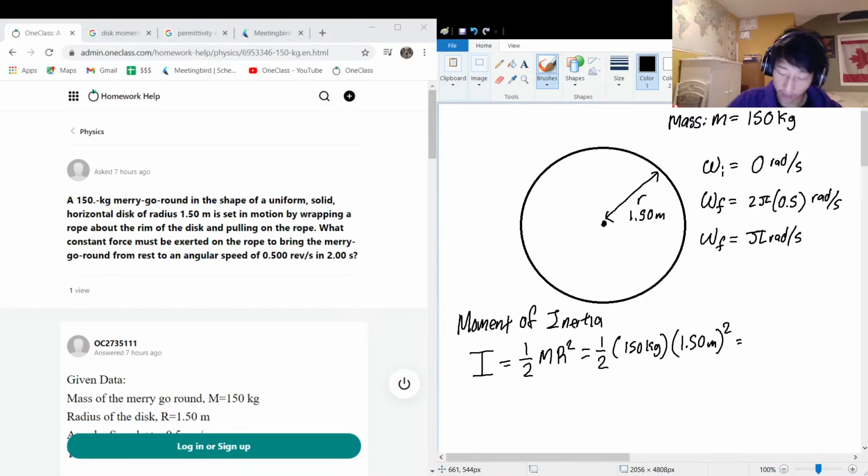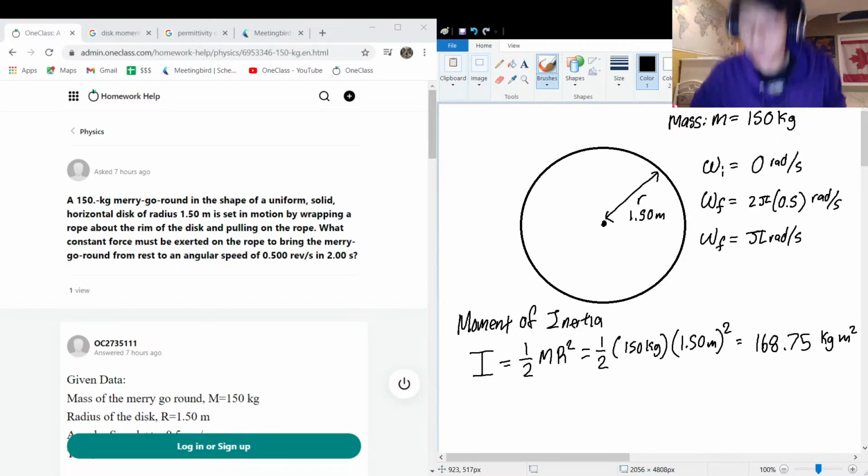Fair and square. And the moment of inertia that we got is 168.75 kilogram meter squared. Okay, it's fairly important to make sure that your units are in line, because losing a unit throughout your calculation could be quite uncomfortable to deal with.